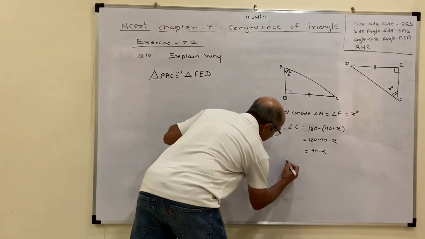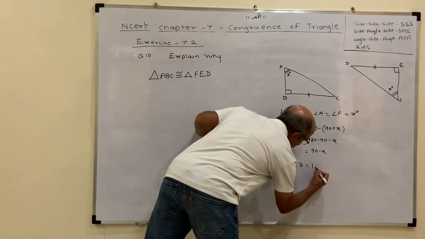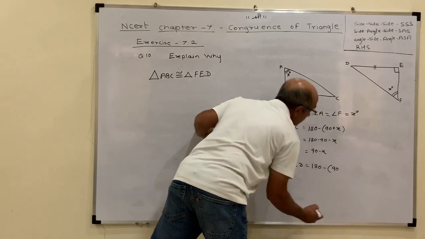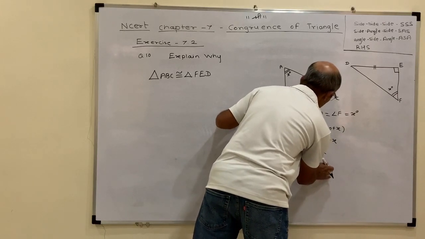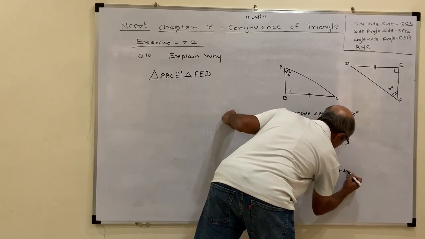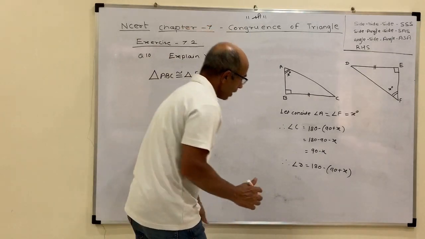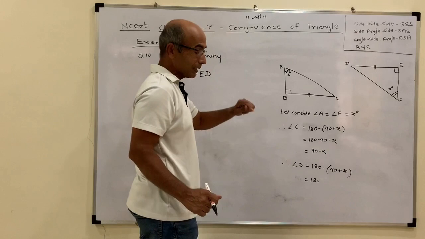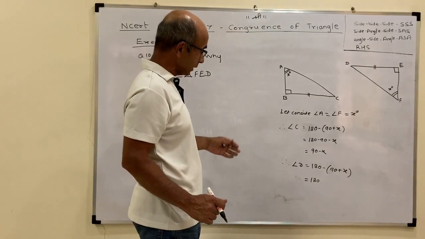Now I will solve for angle D. So angle D equals 180 minus (90 plus x). Again here same, this is 90, this is x. Again I'll be explaining the sign rule which we learned in integers.